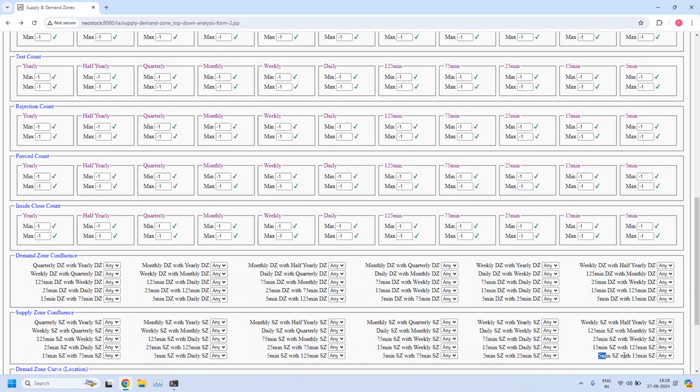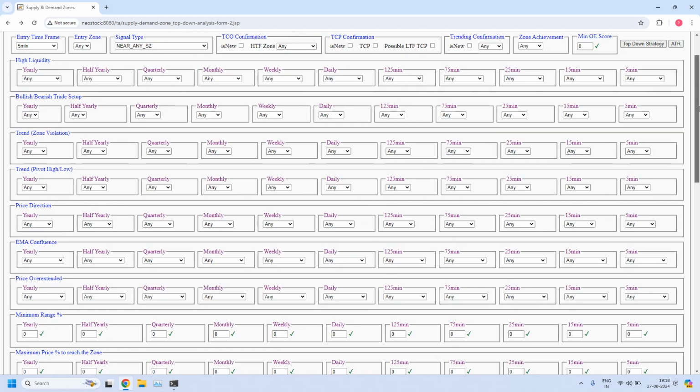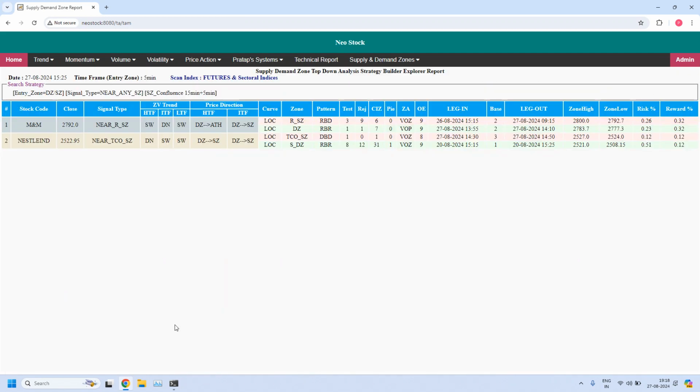So here we have 5 minute supply zone with 15 minute supply zone. Enable this option. Let's filter. Only 2 stocks are filtered. High liquidity supply zones both. One is high priority high liquidity, this is low priority high liquidity.